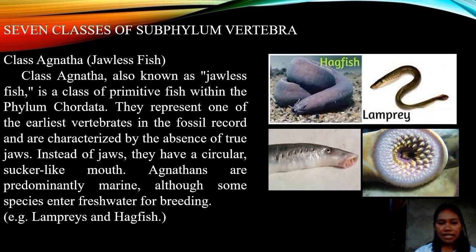So, the class Agnatha, also referred to as jellyfish, comprises primitive fish within the phylum Chordata. These creatures are among the earliest vertebrates known in the fossil record and are distinguished by their lack of true jaws. Instead of jaws, they possess a circular sucker-like mouth.